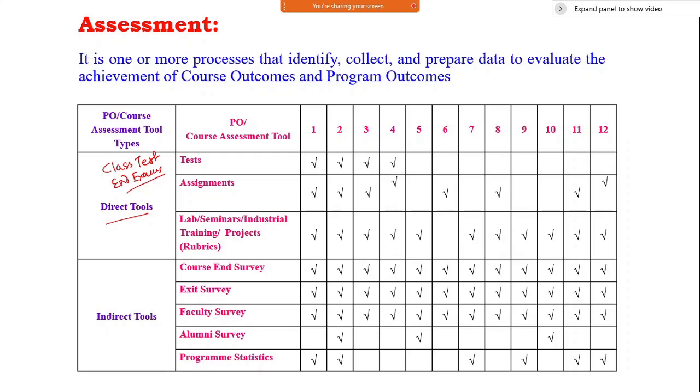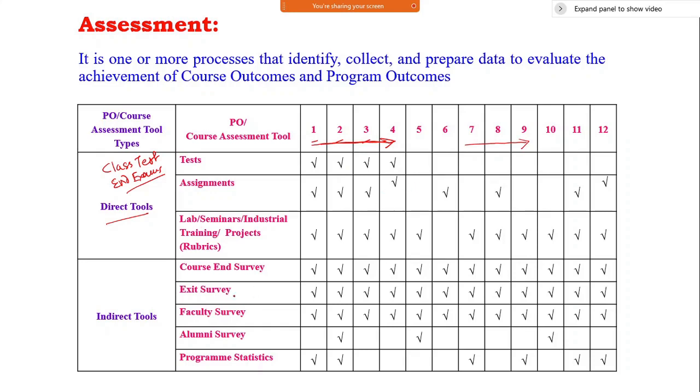What is expected is that, in this course, you have seen this is knowledge, this is analysis, then design tool, and so on. So during this course we concentrate more on these four POs. If you are looking at a project, you are going to concentrate maybe on 7, 8, 9. That is what is expected.